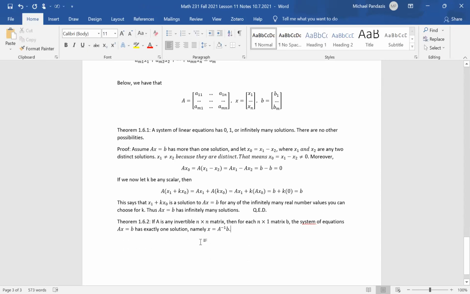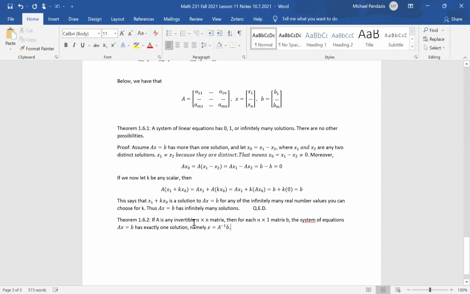Theorem 1.6.2. If A is any invertible n by n matrix, then for each n by 1 matrix little b, the system of equations ax equals b has exactly one solution, namely x equals a inverse b.